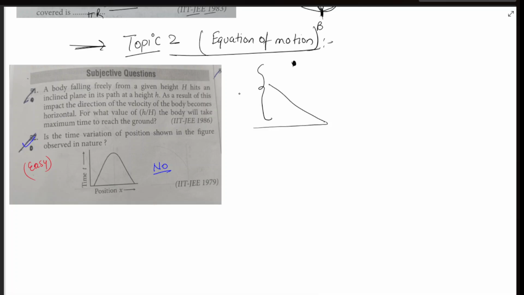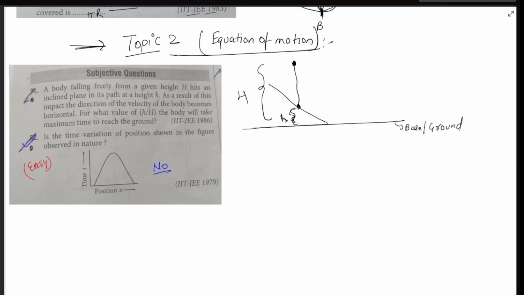So this is height H, and it is hitting here, at height small h. Height is always measured from the base, the ground.